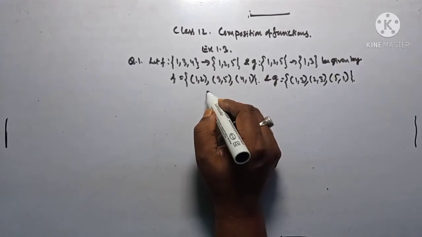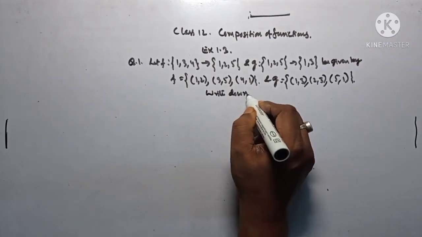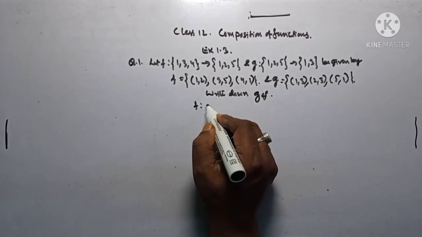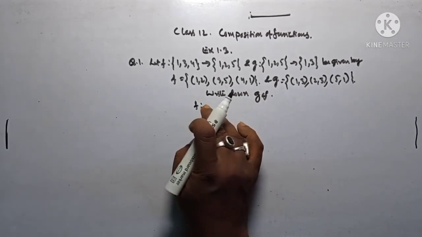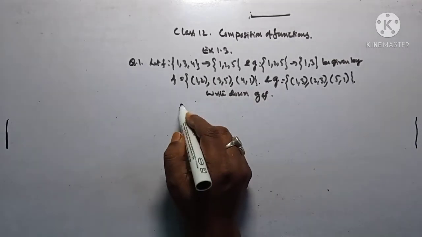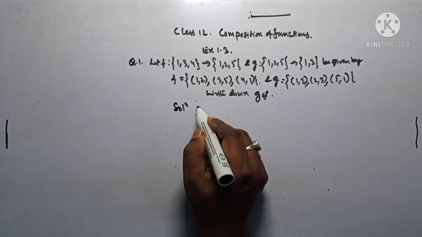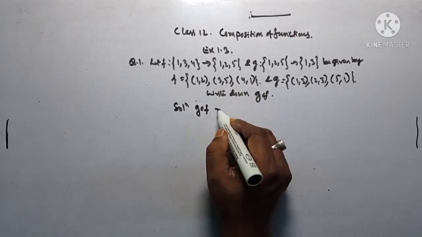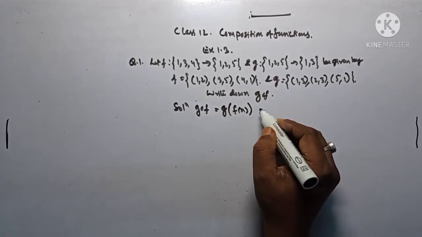We have to write down g o f. So here f is given. Solution, I am going to directly write the solution. That is g o f equals g of f(x).